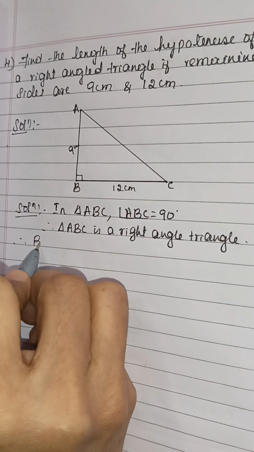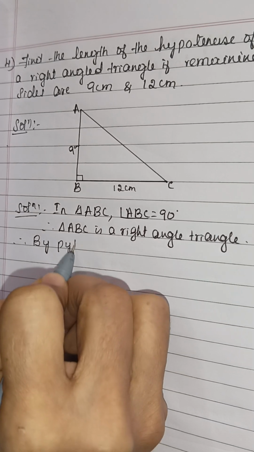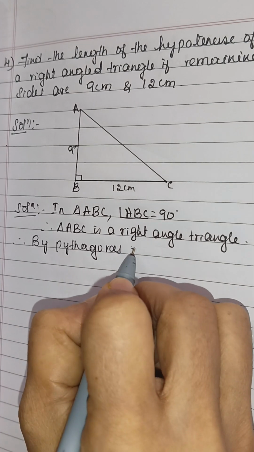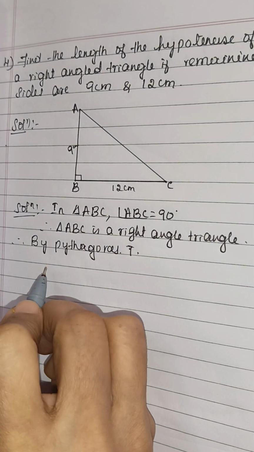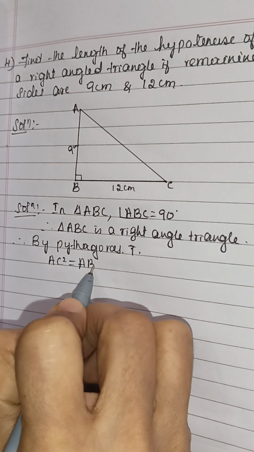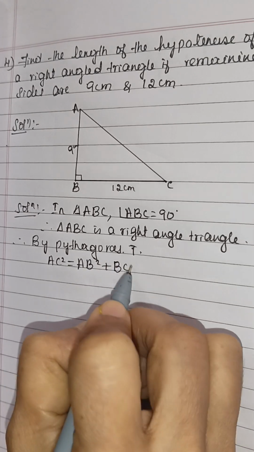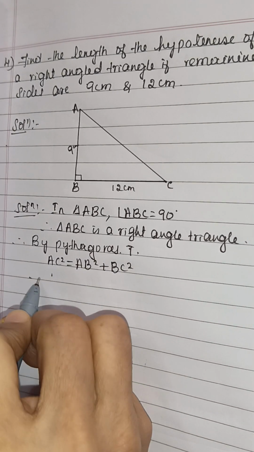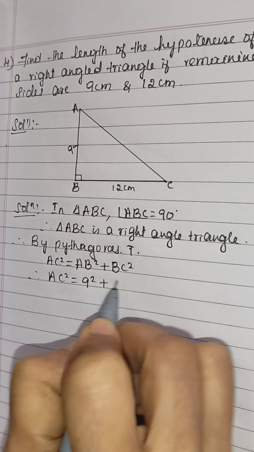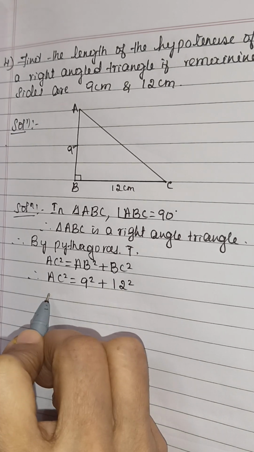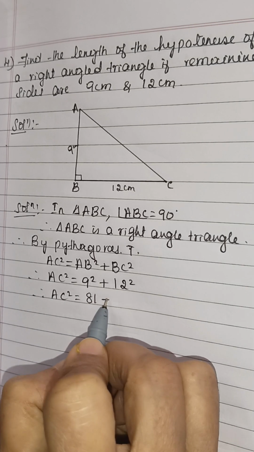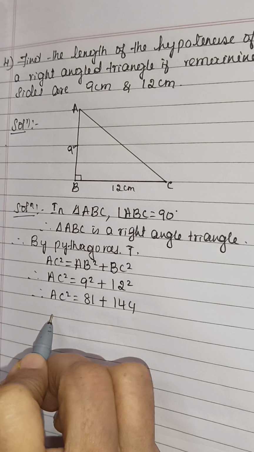Therefore, by Pythagoras theorem, AC square equals AB square plus BC square. AB square is 9 square plus BC square is 12 square. Therefore, 9 9s are 81 plus 12 12s are 144.